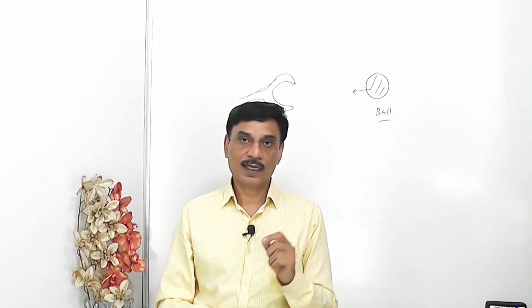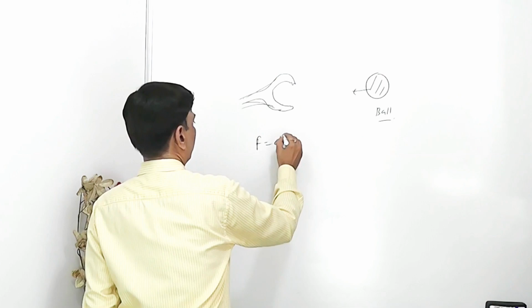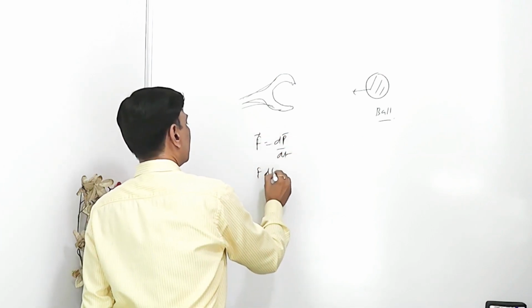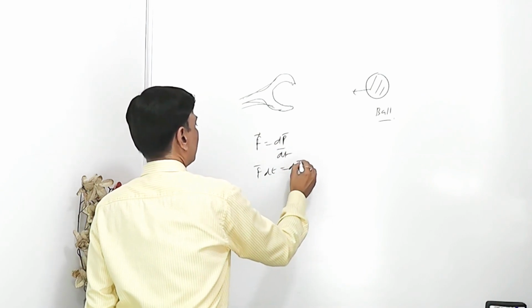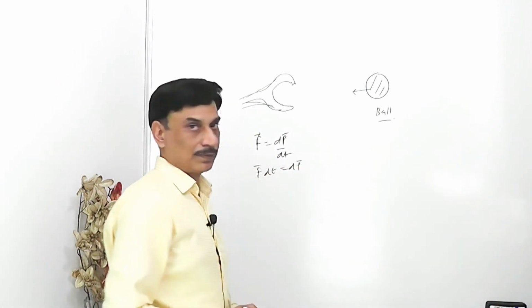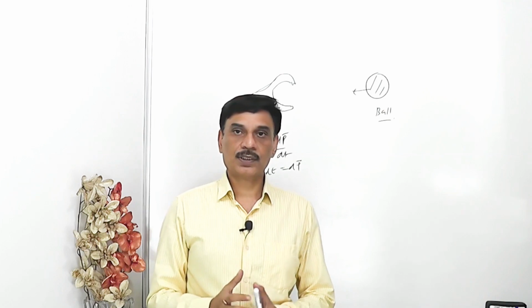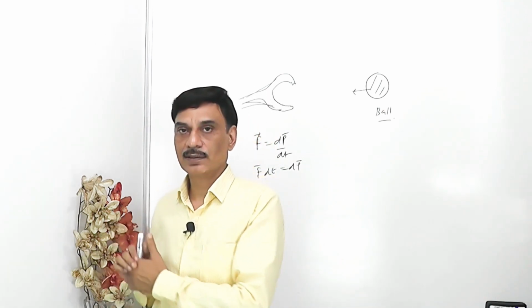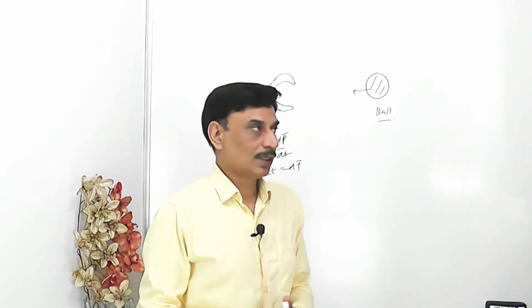Let's understand from Newton's second law, that F is equal to dP by dt. So F dt is equal to dP, that is, impulse is equal to change of momentum. Let's see why it hurts when we try to stop the ball like this and don't take our hands back along with the ball.